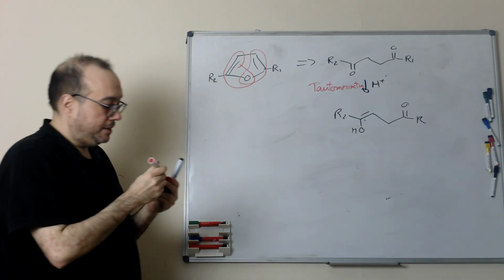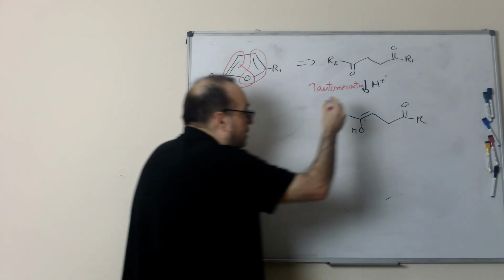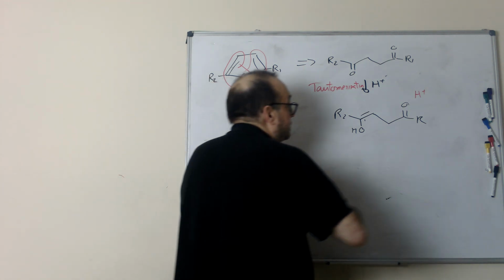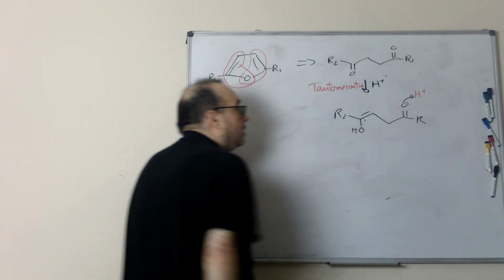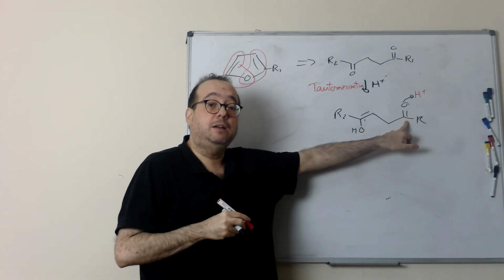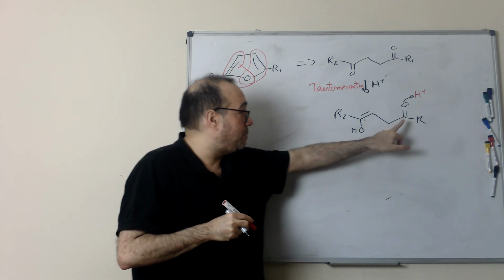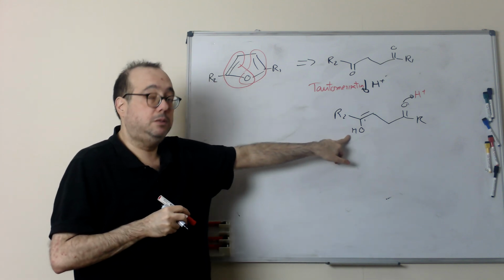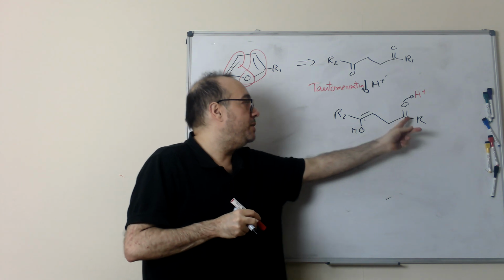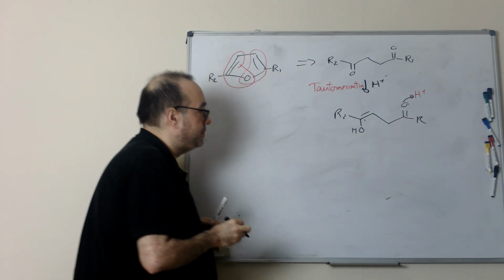And now this proton is protonating the other carbonyl group. Why? Because we want to make this carbon more electrophilic, because we want this carbon to be attacked by an alcohol. And we know that alcohols are very weak nucleophiles. That means that we will need to activate this position.